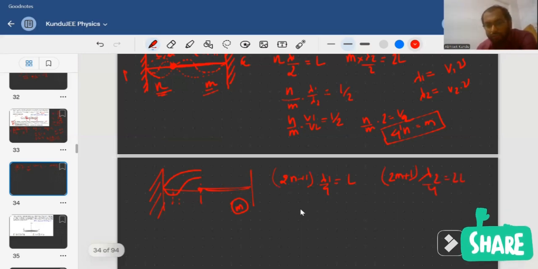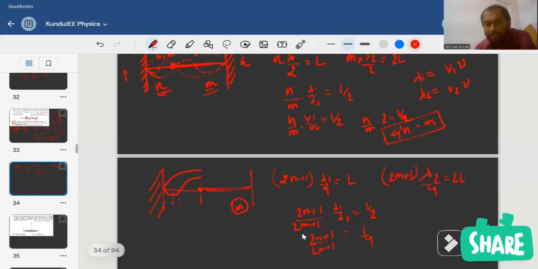Now we'll divide the same way just like we did the previous time. Lambda 1 by lambda 2 into 2n plus 1 by 2m plus 1 is equal to 1 by 2. Now lambda 1 by lambda 2, as you know, is 2 only. So 2n plus 1 by 2m plus 1 is basically equal to 1 by 4.